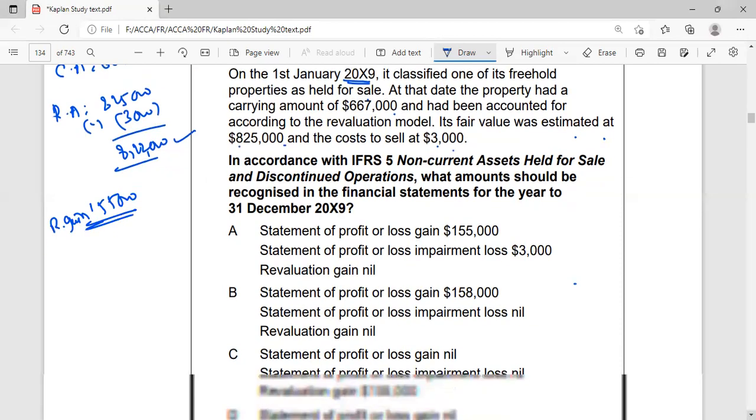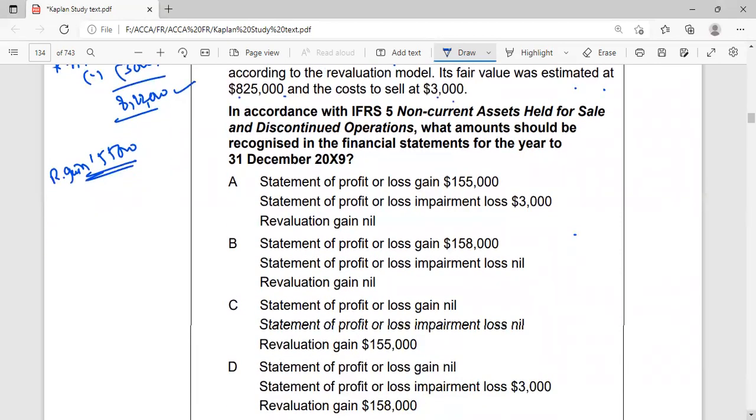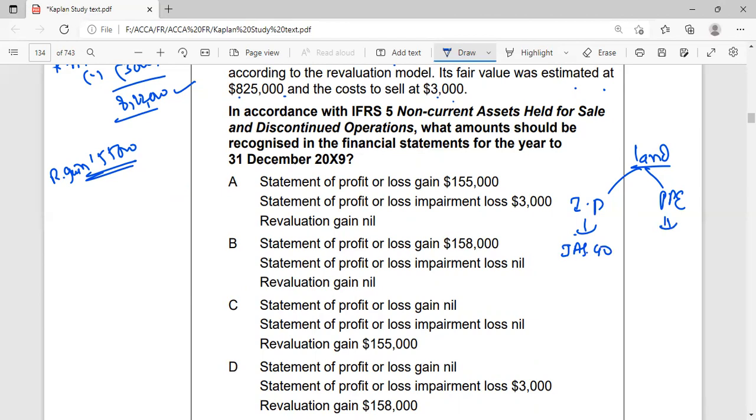Then how to represent? First, if the land property is classified as investment property or property, plant and equipment. If it is classified as investment property, that is accounted as per IAS 40. If it is classified as property, plant and equipment, that is accounted as per IAS 16.